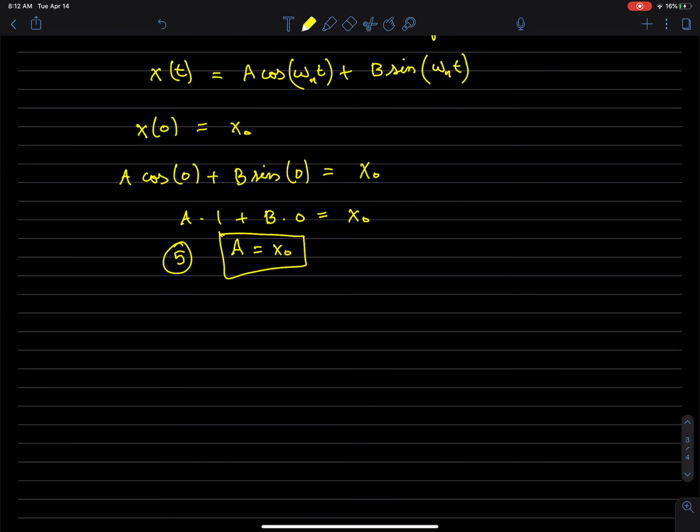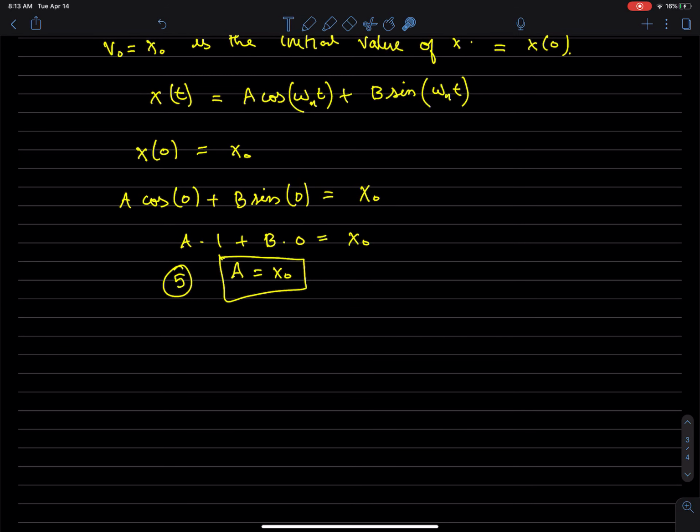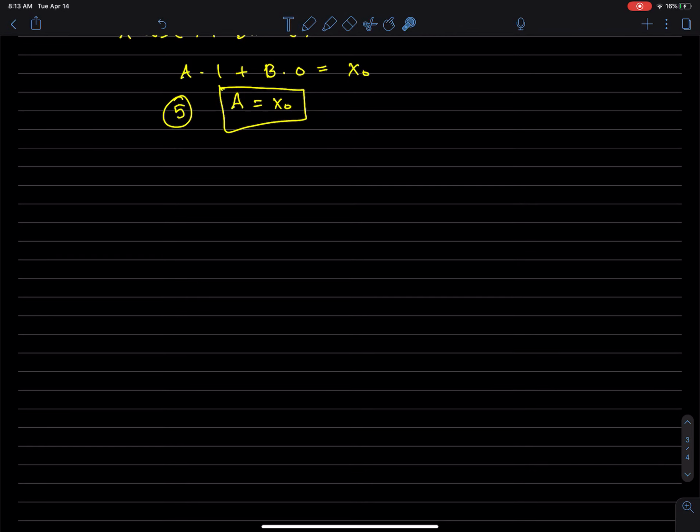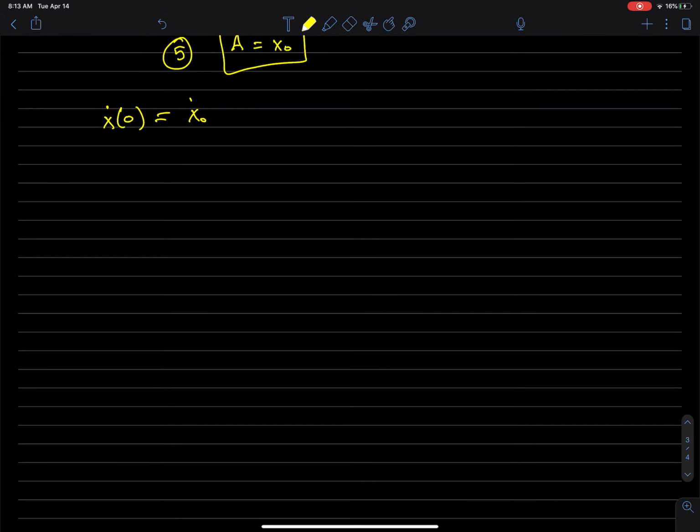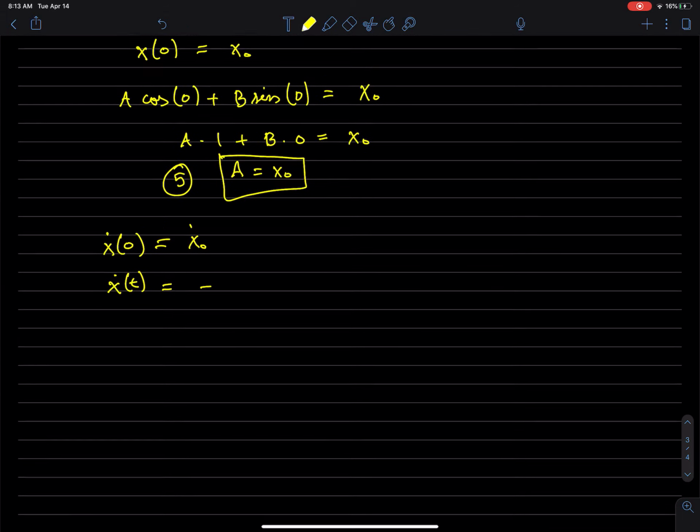And then let's solve for b, which we do by substituting x dot at time t equals 0 equals x naught dot. We do that by first determining what x dot of t is, and we can just differentiate.